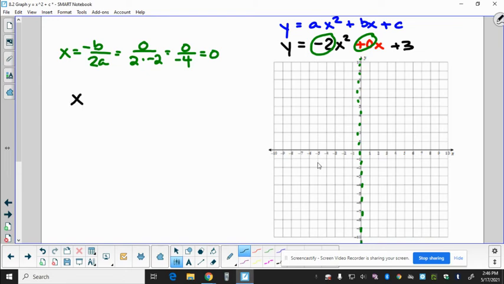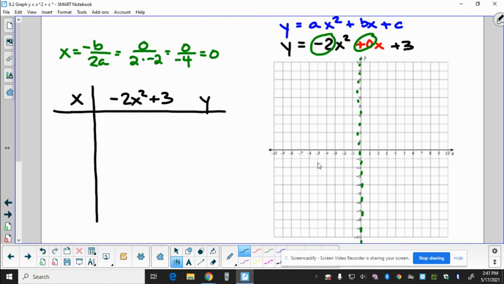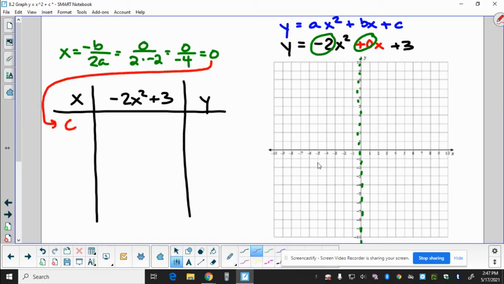All right, let's set up a table of values. And let's see what we get here. Let's start off by putting 0, which is line of symmetry, in here. And this will give us our vertex. So that's actually going to be 0 times negative 2. 0 plus 3 is 3. 0, 3 is the vertex.